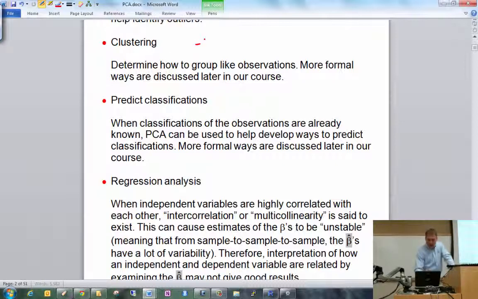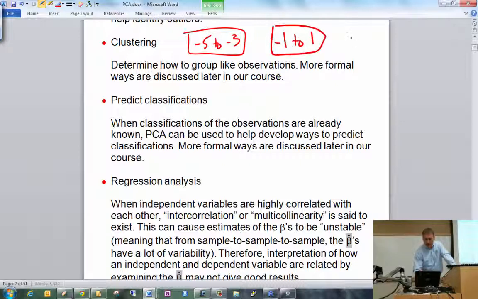And then let's say you look at all the particular values in your data set after you form this principal component, and you have a set of observations that always have a principal component between -5 and -3. And maybe another set that's always between -1 and +1, and another set perhaps is always between 3 and 5. So what we see here is we have 3 distinct groupings of our observations based upon this principal component. That's an idea of what clustering means.